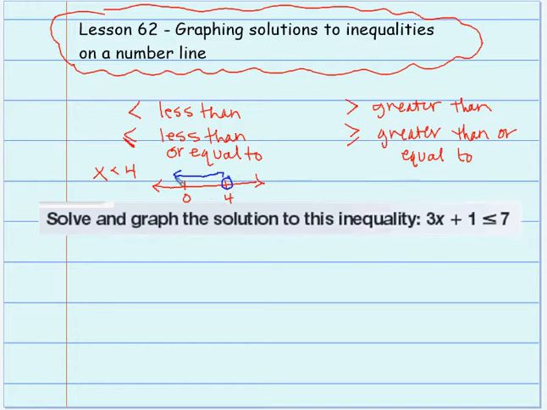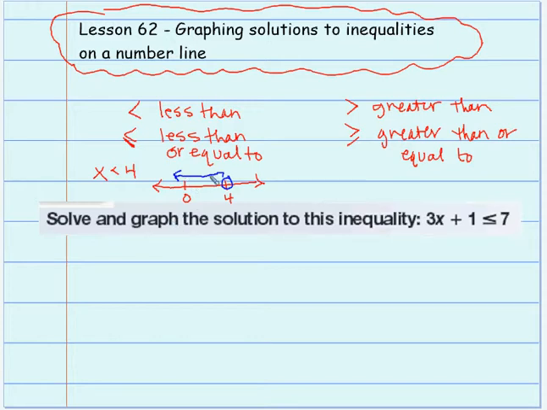All of the numbers from 4, not including 4, and to the left on a number line are solutions. So I could pick the number -2.5. Yep, that's less than 4. 0 is less than 4. -500 is less than 4. Okay, so this is a graph of the solutions.